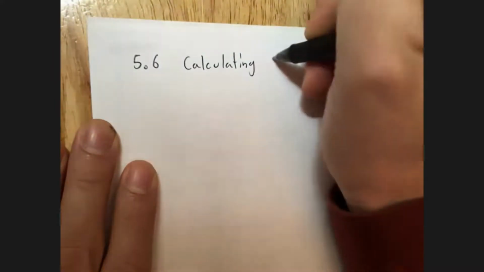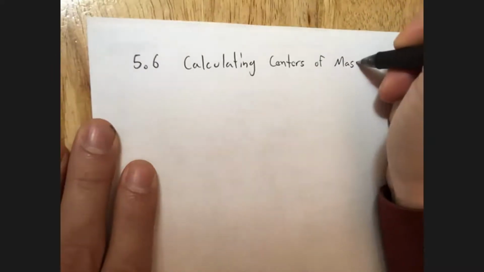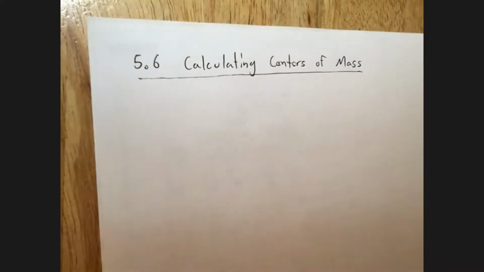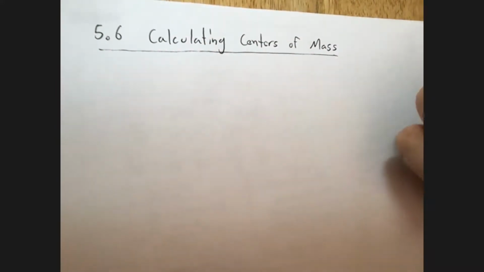Calculating centers of mass. What is the center of mass? Well, the center of mass is the point within an object where it's the centermost point as far as the mass is concerned. I don't know another way to say it, but it has very, very important applications.